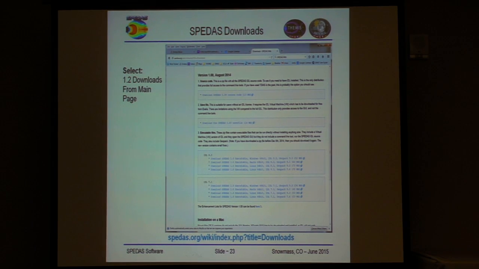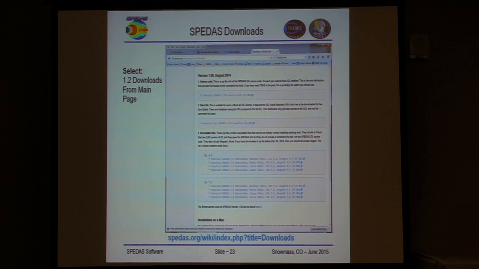Yes? As new data products are added to SPEDAS, are those automatically ingested into SPEDAS? I believe so. Does it pull right from the available products? Yeah, so I assume when they get a new data set, they vet it, make sure it's in working order. They will add that to their web services, and then that should start showing up in the panel.